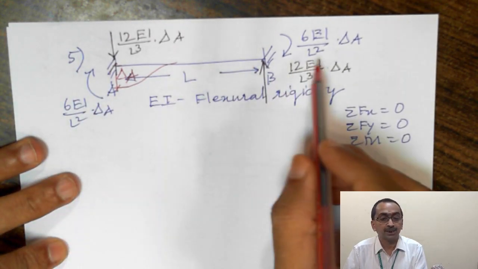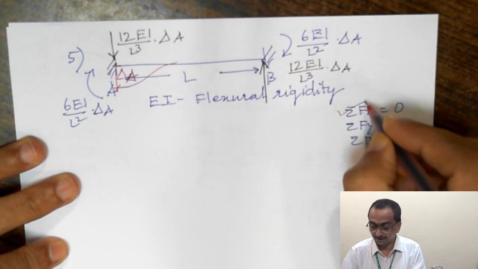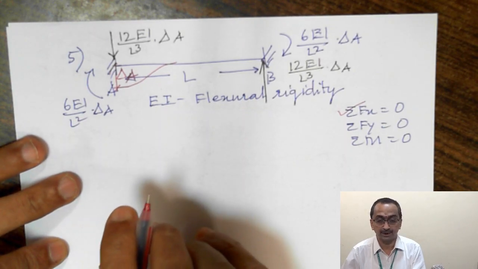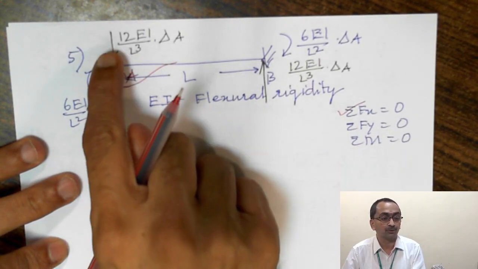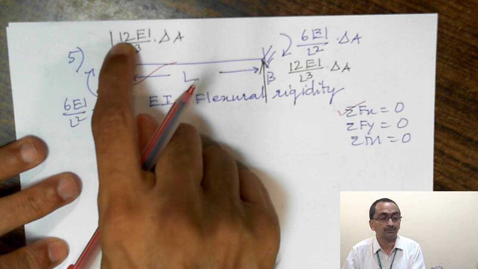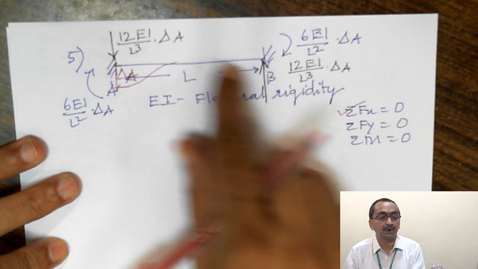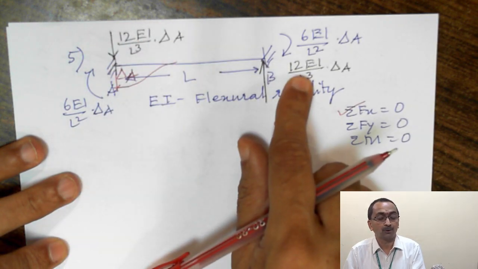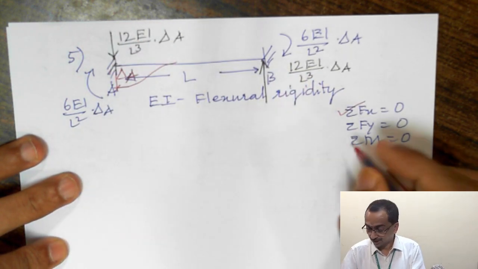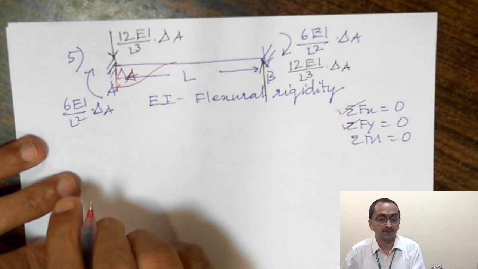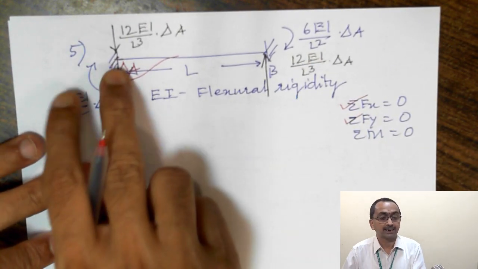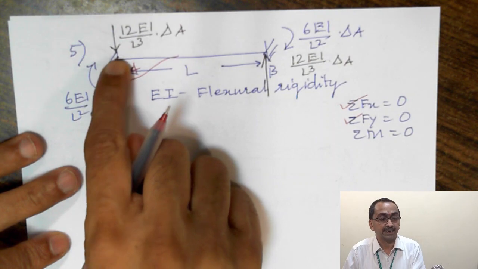As we have seen, there is no force in x direction, so summation Fx equal to 0 is satisfied automatically. Summation Fy equal to 0. What is the force acting? This is the downward force acting, 12 EI by L cube. This is the upward force acting of the same magnitude. So 12 EI by L cube downwards and 12 EI by L cube upwards. So summation of forces in y direction is also equal to 0. Now let us consider the moment acting at A.